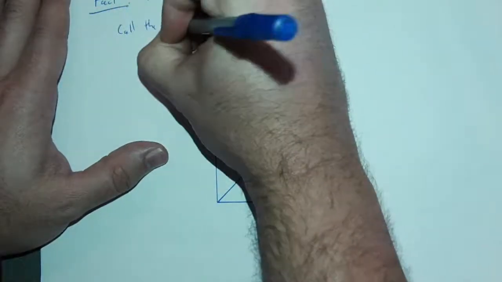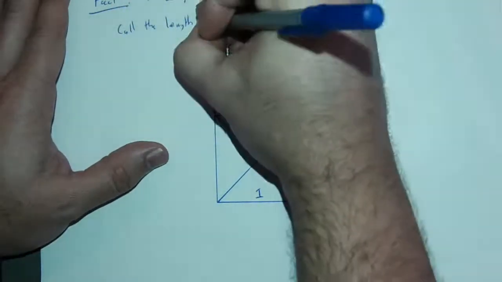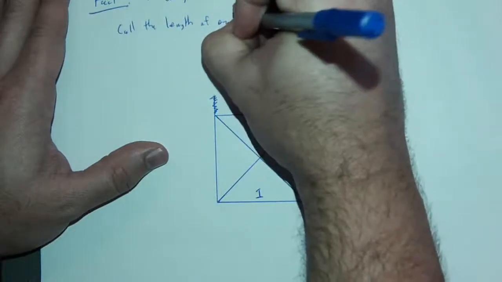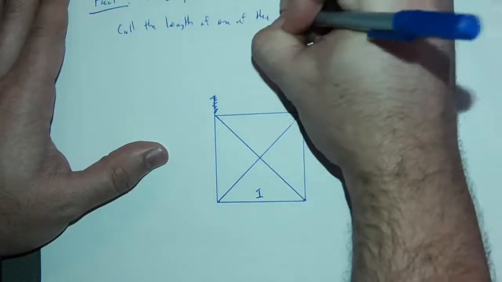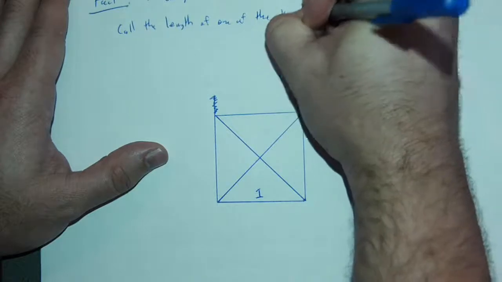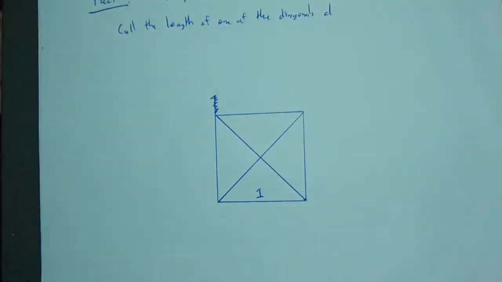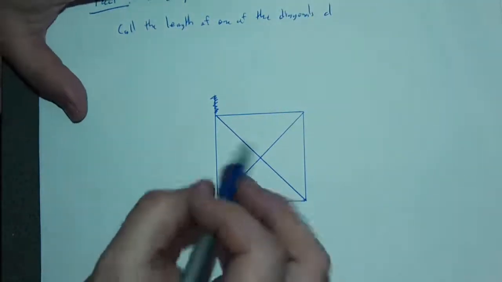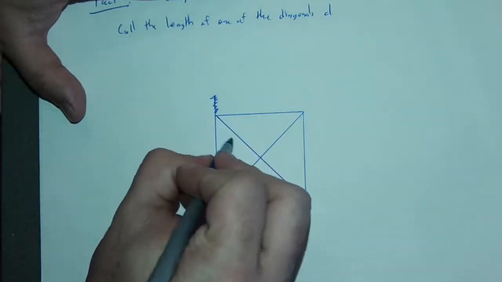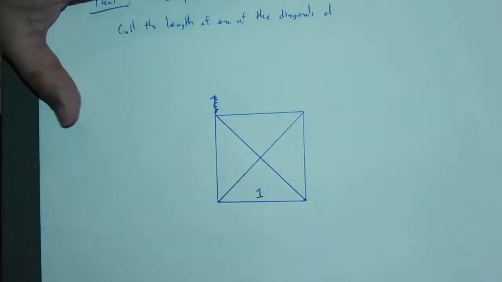Say, call the length of one of the diagonals D. Okay. And so the length of this entire thing is D.